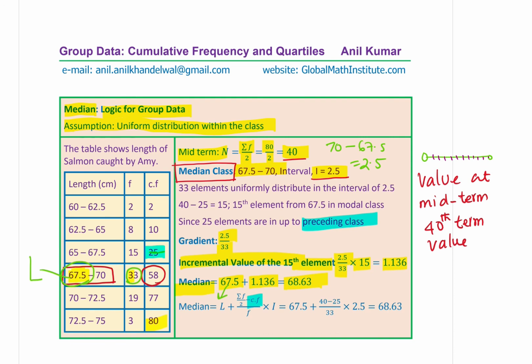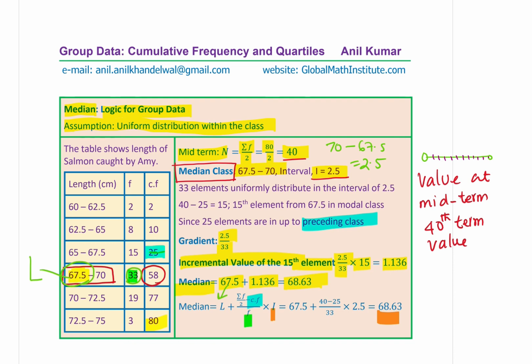Those many we already have, divided by the frequency within the class, which is 33 for us, multiplying it by the interval, that gives us the gradient. Perfect. And then you could substitute the values as shown here, 67.5 being the L value, 40 minus 25 over 33 times 2.5 gives us the answer, 68.63. But here, the important thing is, now we have a formula to work with.